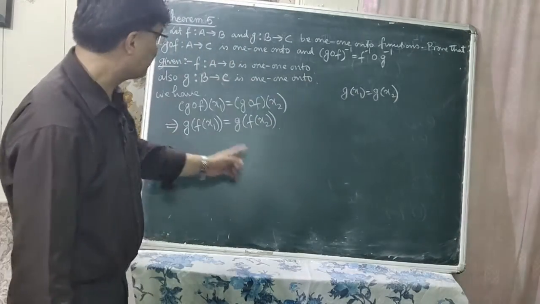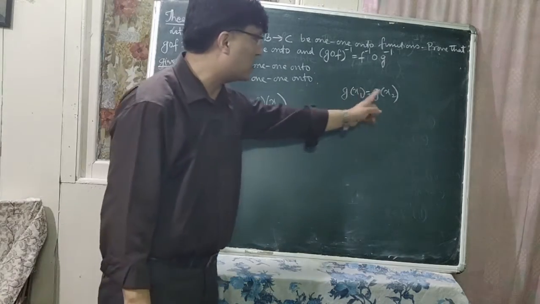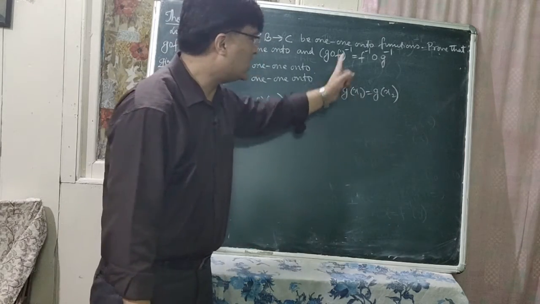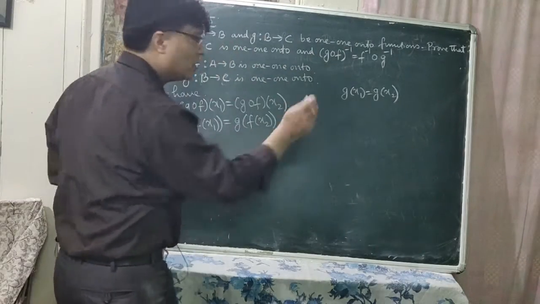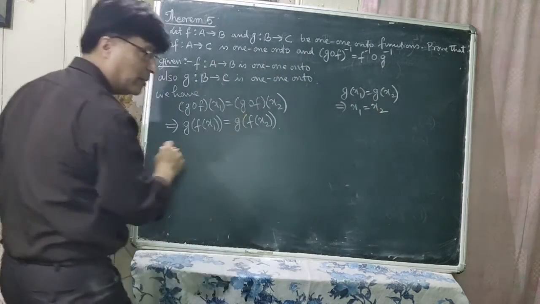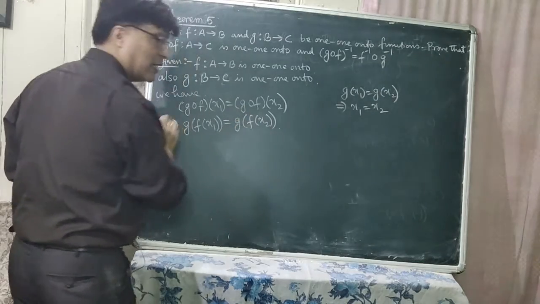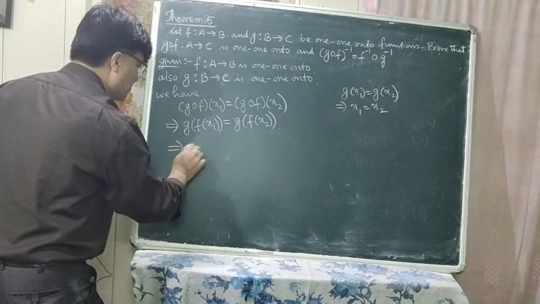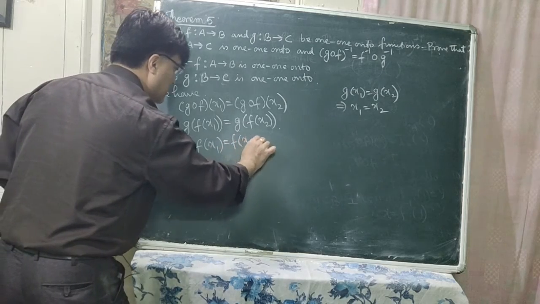Try to understand it. Suppose we put x1 and x2 respectively in place of f of x1 and f of x2. But here the question says g is 1-1. The question has given this g is 1-1 function. So it implies that x1 is equal to x2. Similarly, instead of x1 there is f of x1, instead of x2 there is f of x2. So what does it imply? f of x1 is equal to f of x2.